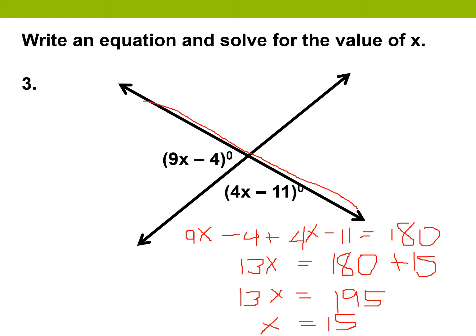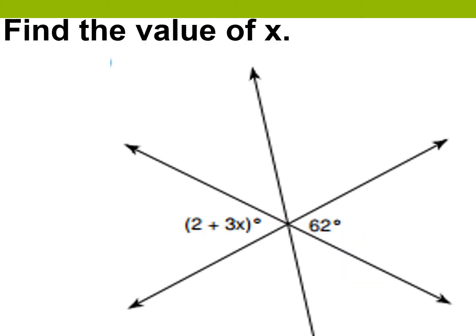Okay? Now next, find the value of x here. So, this is the vertical angle theorem. Tama? So, they are vertical angles, and the measures are equal. So, 2 plus 3x is equal to 62.